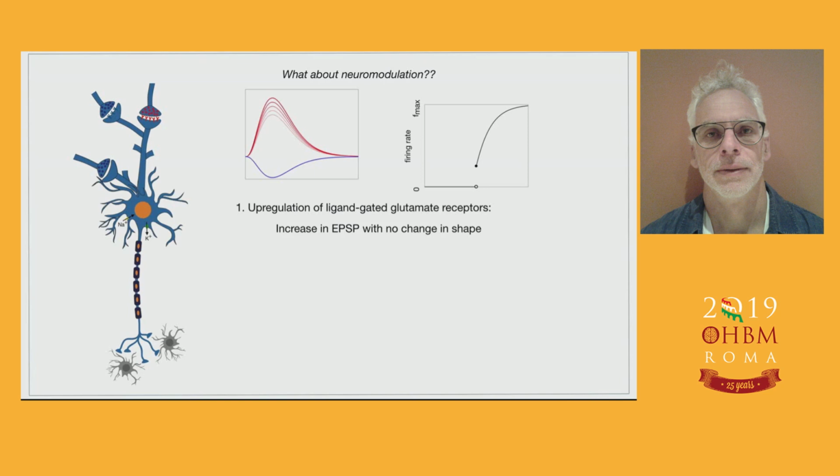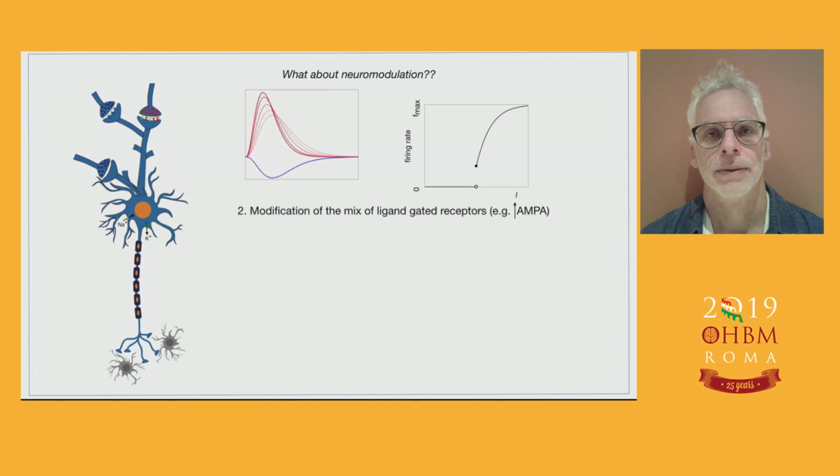So it's pretty simple. But there's a mixture of timescales in these ligands. And what if I change the mixture? What if I just upregulate AMPA, which is very fast, and not NMDA? Then there's a systematic shift to the left here because I've increased that alpha that I spoke about before.